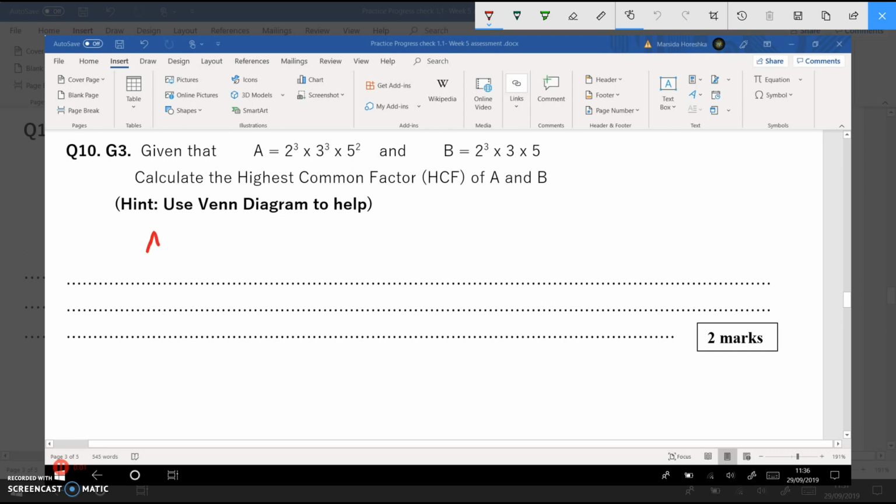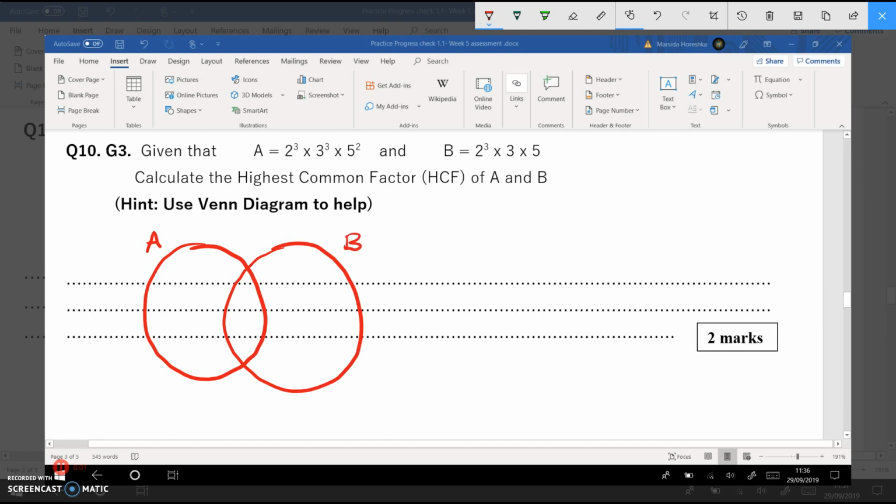So we'll use the Venn diagram. So the number which is A, and we don't know what it is, and we've got the other number B. So we'll try and place all of these prime factors within these circles. So all the prime factors of A, and then prime factors of B, and in this area will go the ones that overlap, the ones that are in common for both.